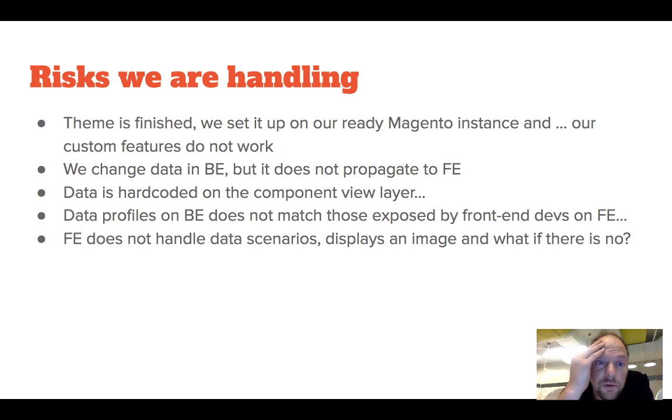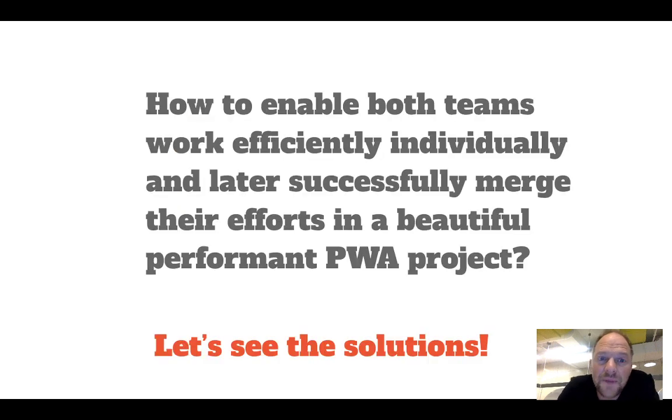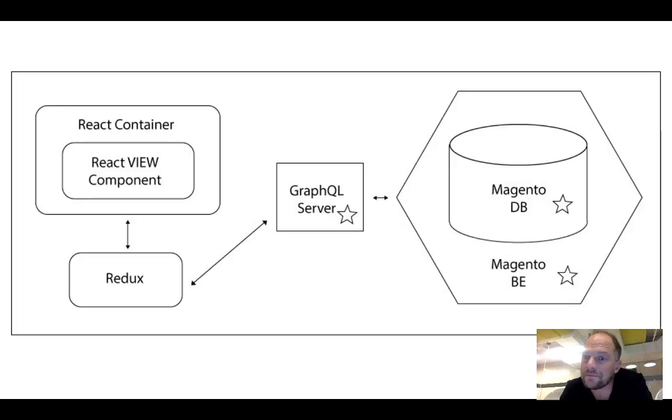So we want to be sure that these cases do not happen, that everything works as expected. We want to be sure that data profiles on the backend match those exposed by frontend developers. So let's see how we can enable both teams efficiently.